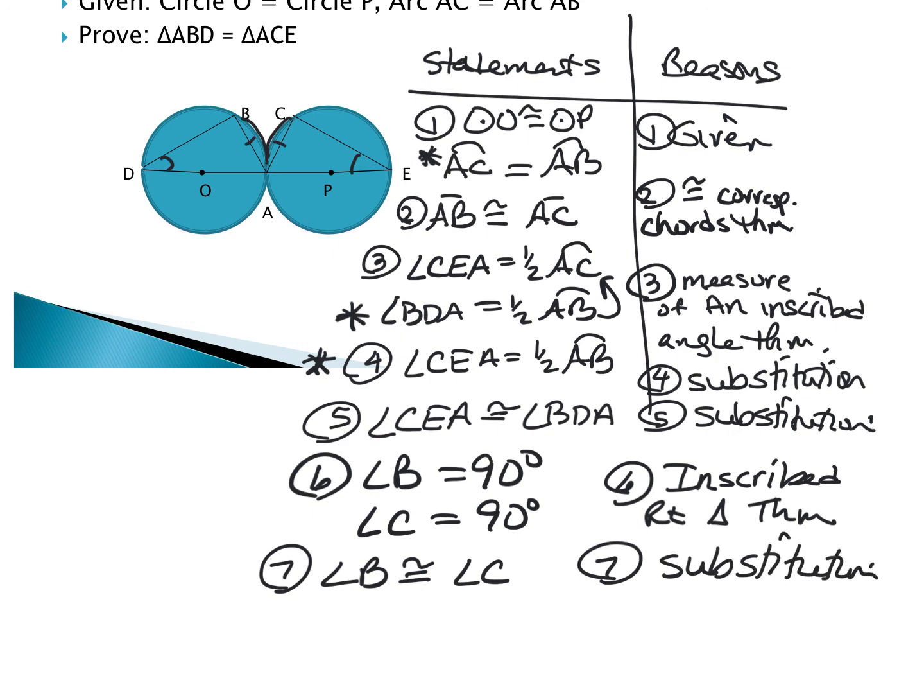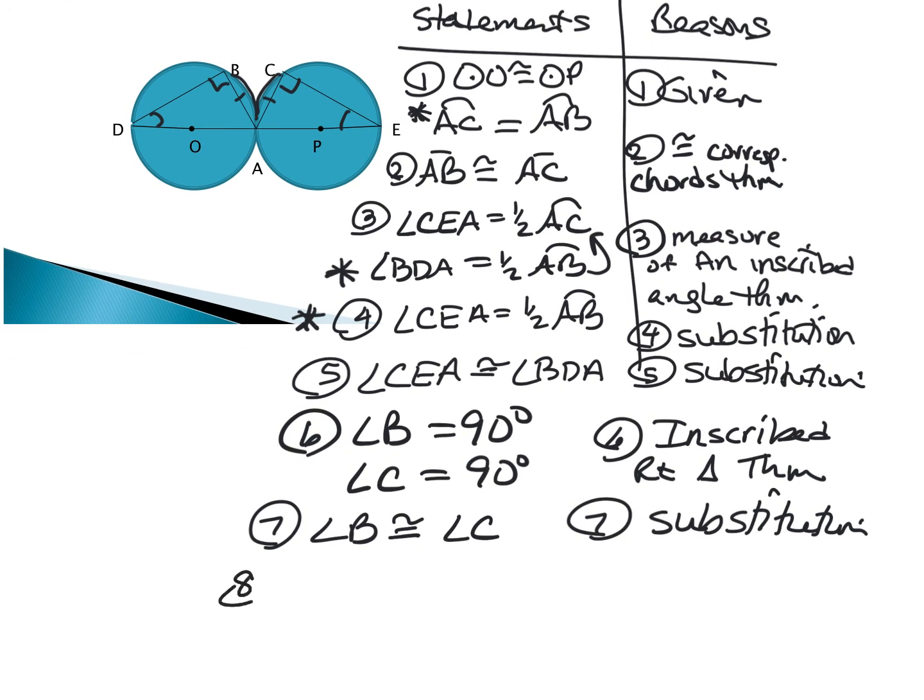And now I have enough pieces to show the two triangles are congruent. And my reason is angle, angle, side. So this is what I was asked to prove, that triangle ABD is congruent to triangle ACE.